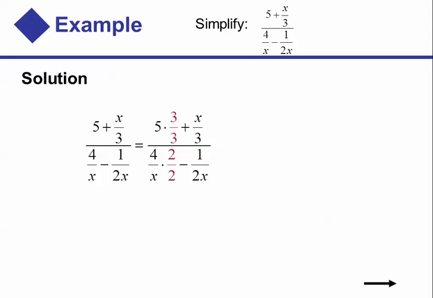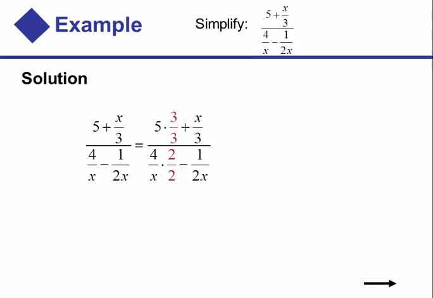Our common denominator for the top rational expressions is 3. We have a 5 over 1 and an x over 3. The least common multiple of those is 3. So we have to multiply 5 times 3 over 3, our convenient version of 1.